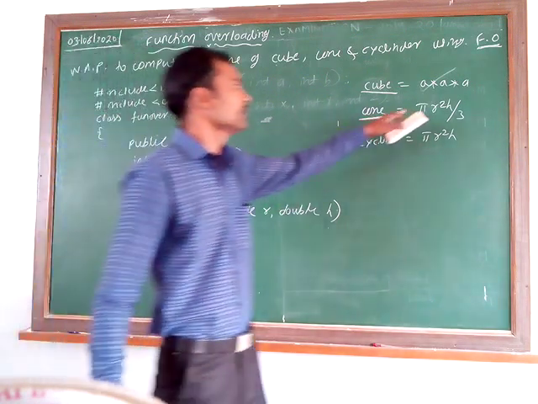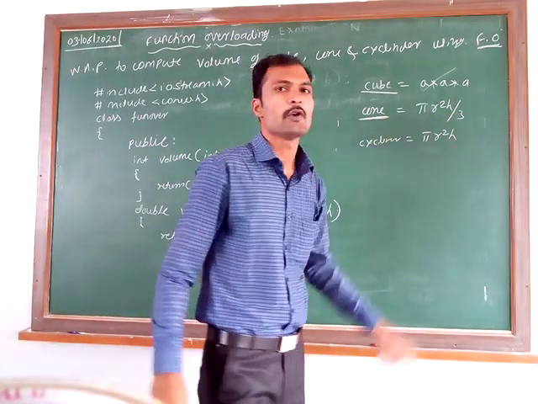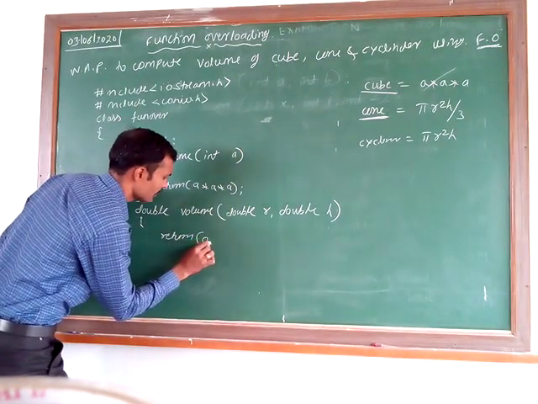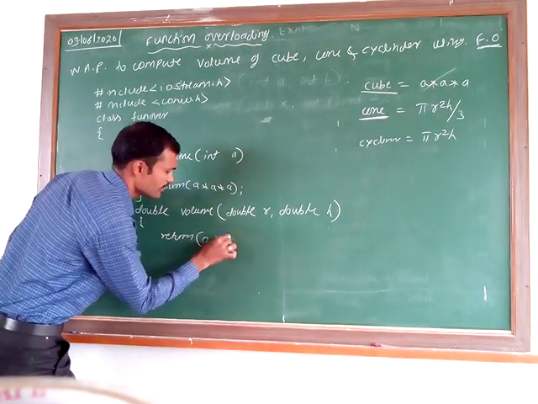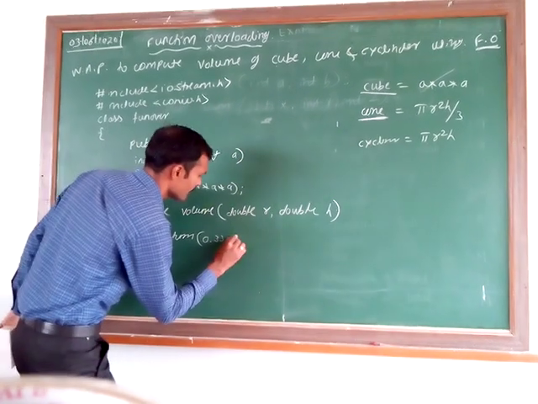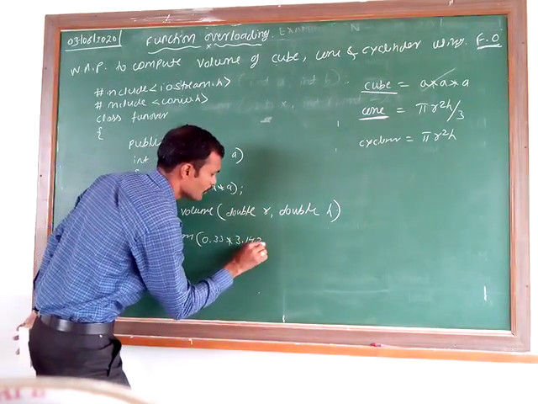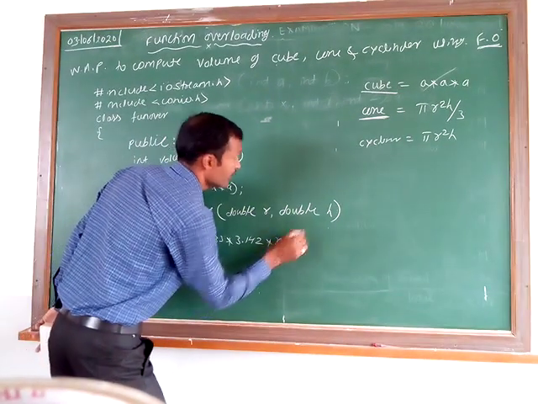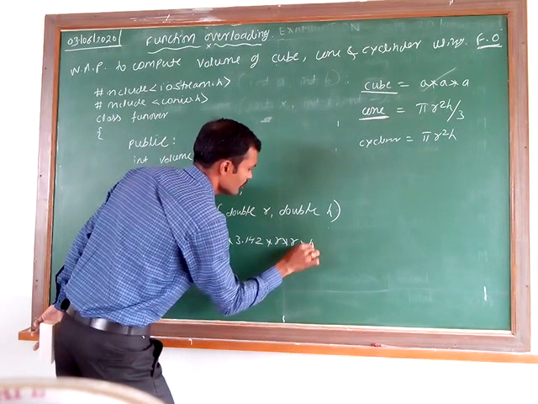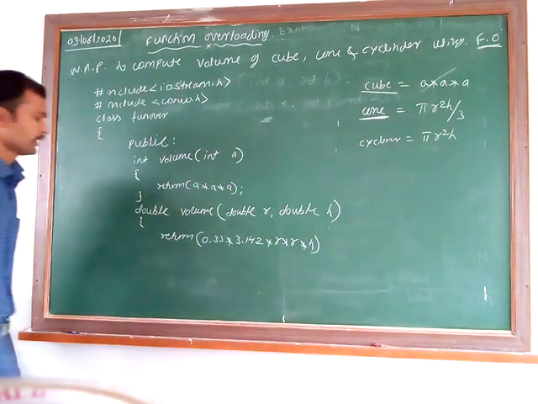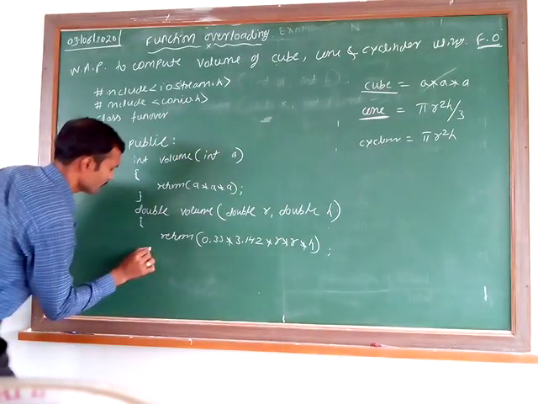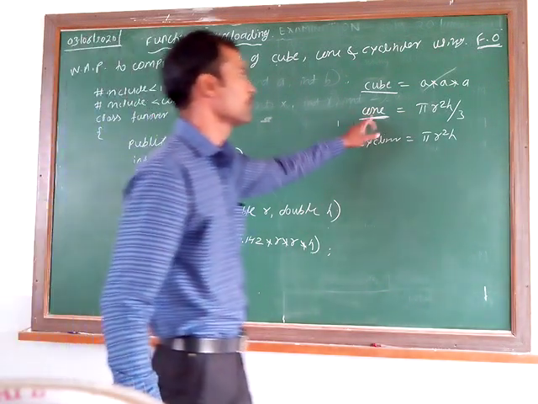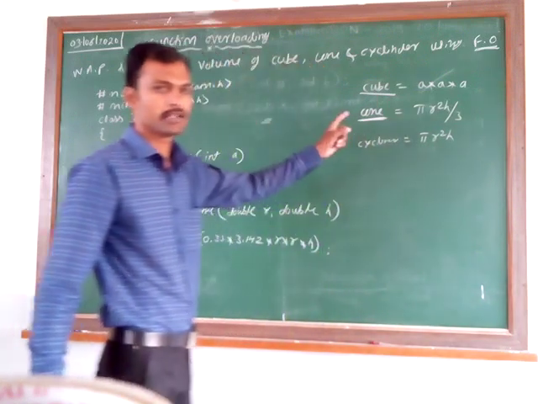See the formula pi r square h divided by 3. Divided by 3 means 0.33. I'll take it first, then the pi value 3.142 into r into r into h. So this is the function for finding the cone.